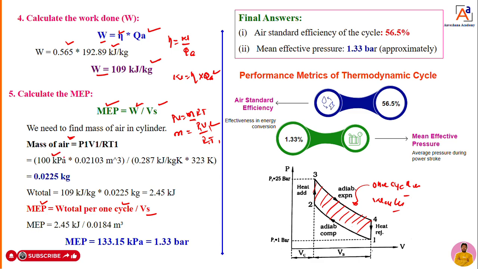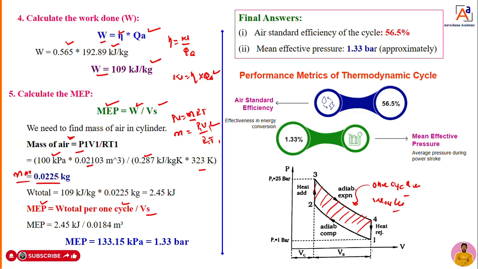What is P1 in terms of kilopascal? You can put it in kilopascal, because all values we are going to get in kilopascal. Next, R is the ideal gas constant, that is 0.287. Next, T1 you already know. Do simplification.